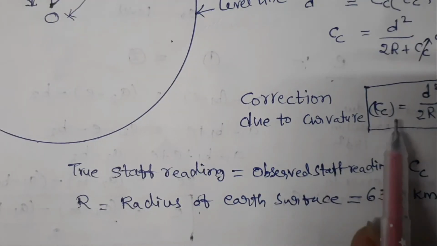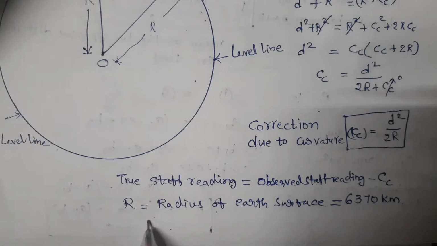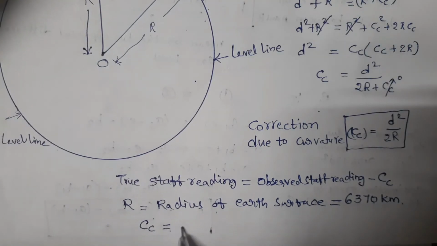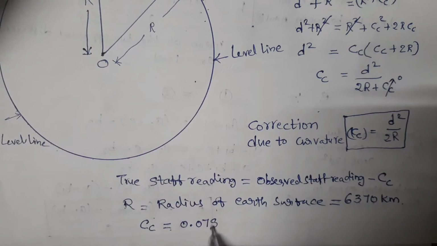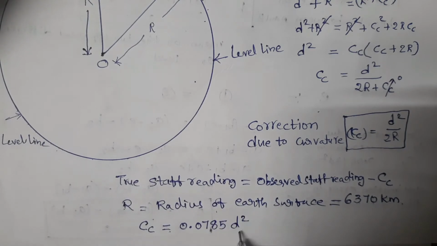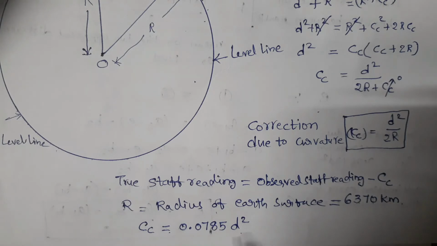Substituting R value here, correction due to curvature will be 0.0785 D square. Here D is the distance from leveling instrument to staff in kilometers.